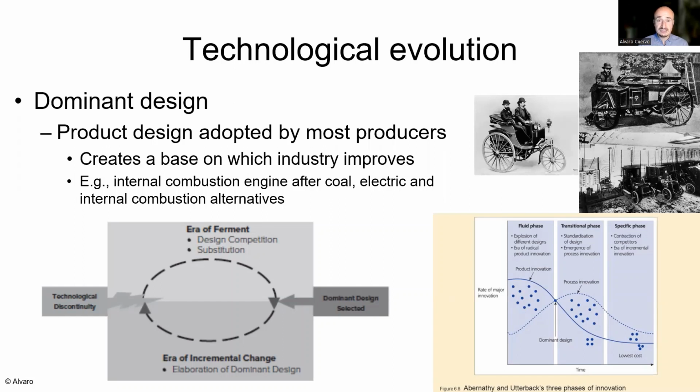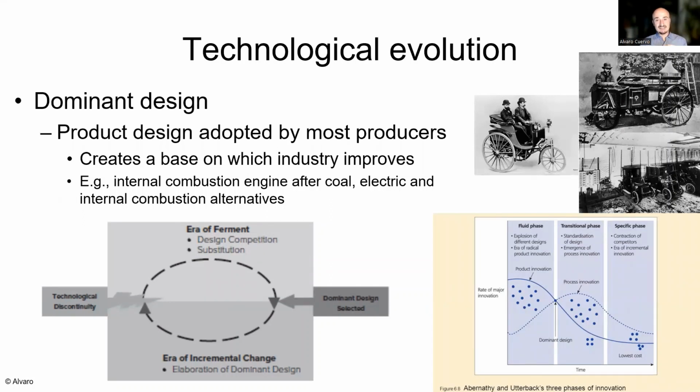The idea here is that we are going to have lots of ferment of different innovations. For the most part, they are going to be incompatible. Eventually, one of them shows some level of superiority in the features or the preference that customers have, and then eventually gets adopted.